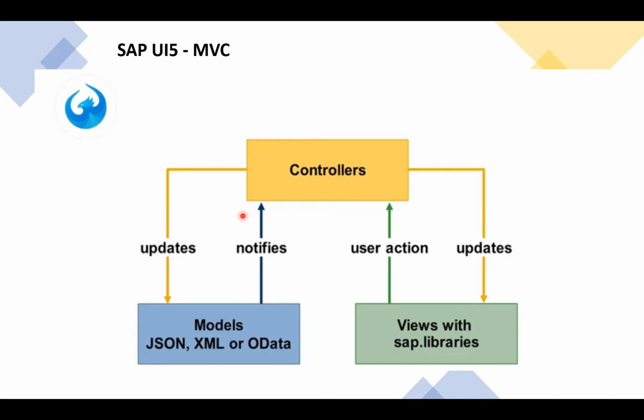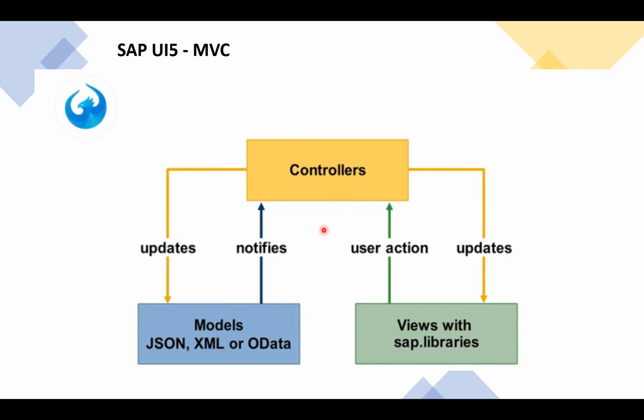This architecture exists in all the other technologies, Java or .NET or whatever technology we take. It has been available in the industry for a long time. We even have this MVC architecture implemented in Web Dynpro technologies, Web Dynpro applications. So the same principles have been brought into the UI5 architecture as well.